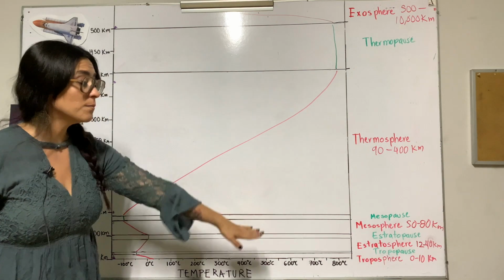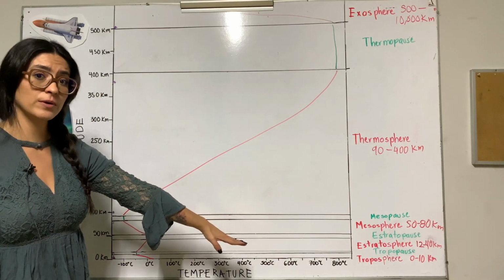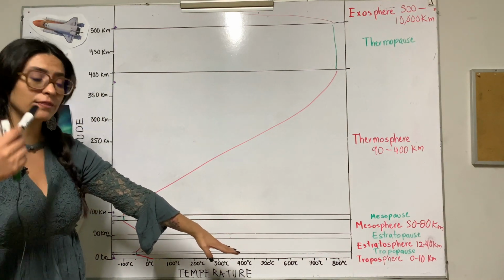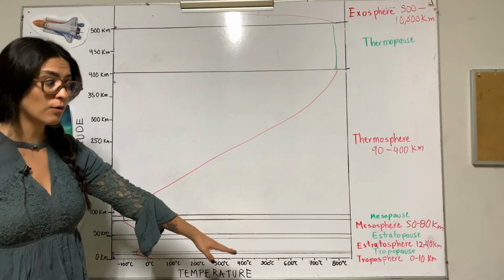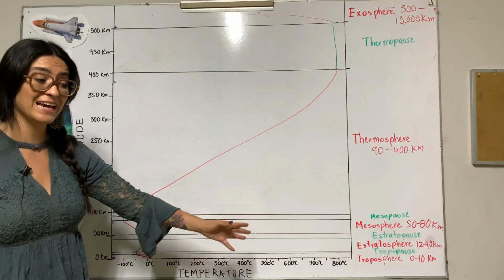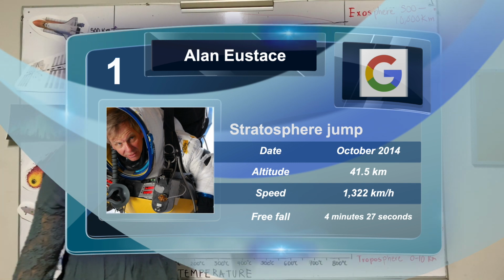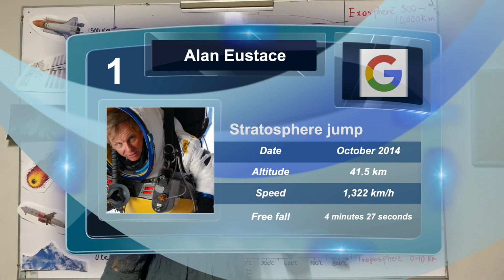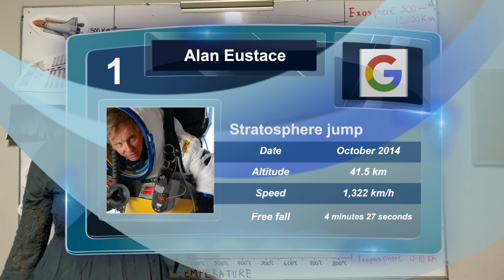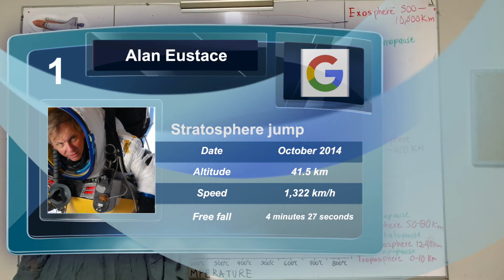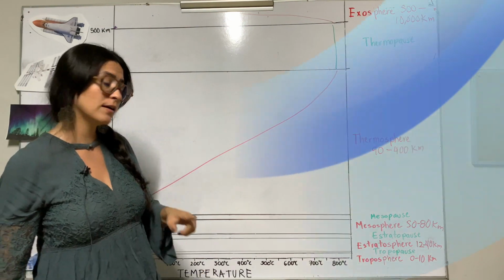So the troposphere is the layer where we live, where we breathe, where three quarters of the gases in the atmosphere are, and then we have the stratosphere. I'm talking just about the layers, not the transition zones. The stratosphere is where the ozone layer is protecting us from the UV radiation.